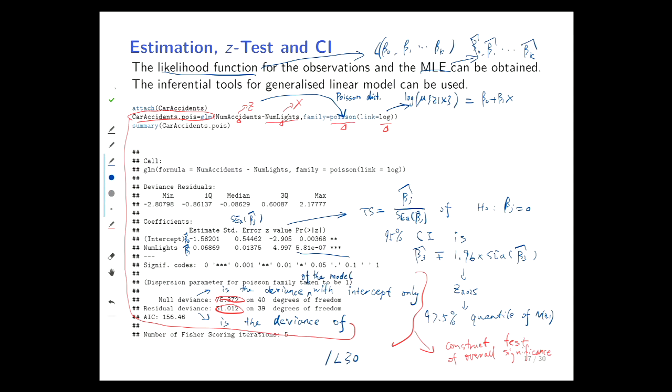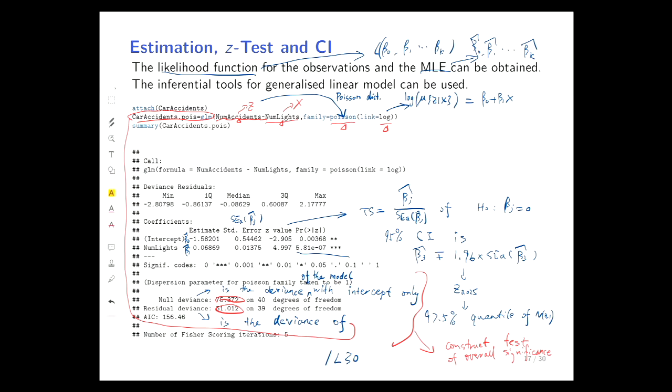And the residual deviance is exactly the deviance of the model we fit, where we model the number of car accidents as a Poisson distribution, and the mean of the Poisson distribution is a function of the number of lights. So that's our model.